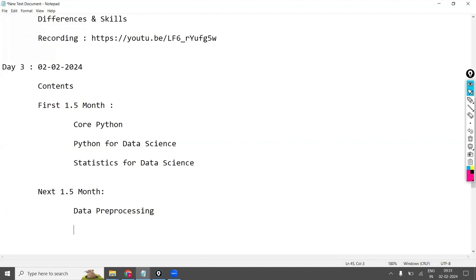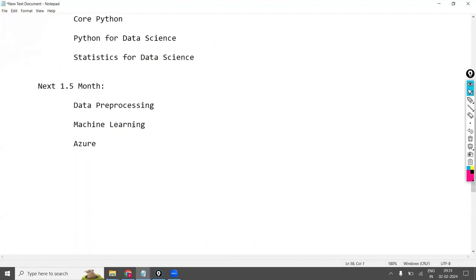And here we are going to work on machine learning, focusing more on machine learning and how we are going to deploy it with respect to Azure. This is for 1.5 months. Okay. And from there, we'll move on to the last 1.5 months, whatever was left out.